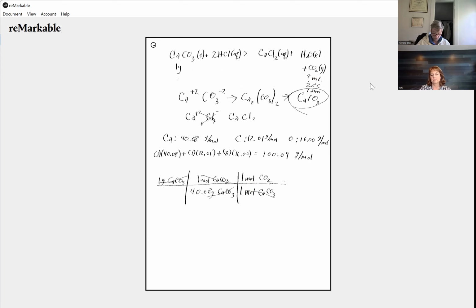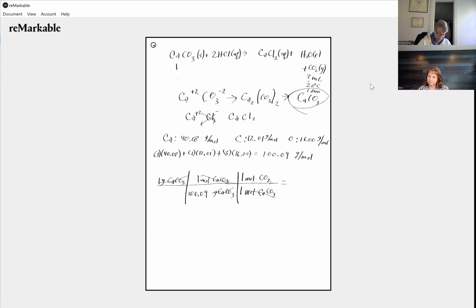Well, this is going to be, oops, I did that wrong. Is it 40.08? Kim's letting me get away with it. It's not 40.08. That's for calcium alone. We have 100.09. And let's say, by the way, it's not 1 gram.